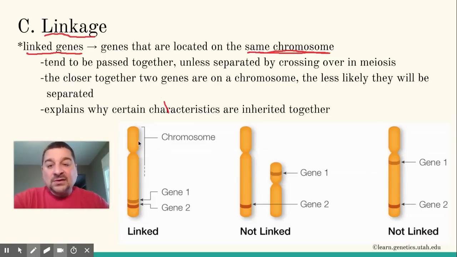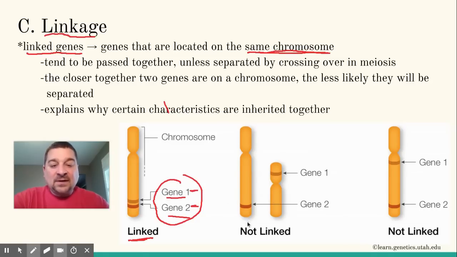And so the closer two genes are, for example, down here, this is a linked gene. This is one chromosome. Look, gene 1, gene 2, very close together. If you're going to have this trait, you'll probably have this trait too. So a lot of times when we look at people, often people have blonde hair and blue eyes, so the genes that control those are often linked.